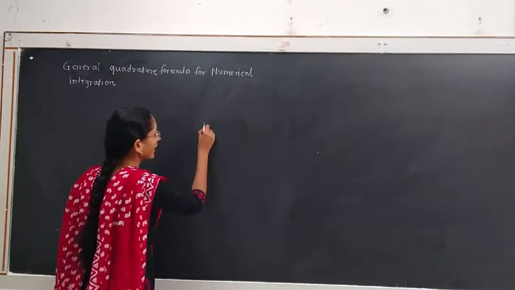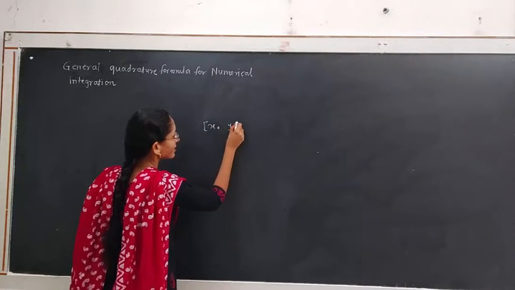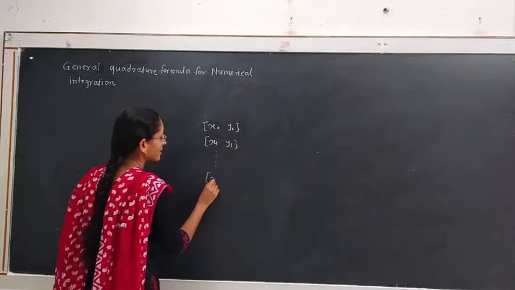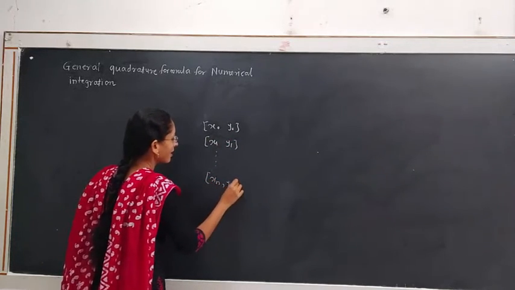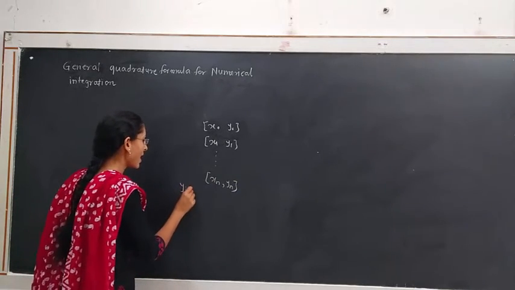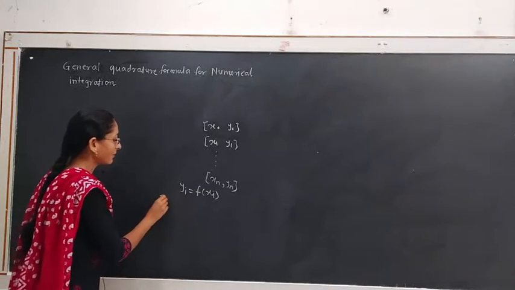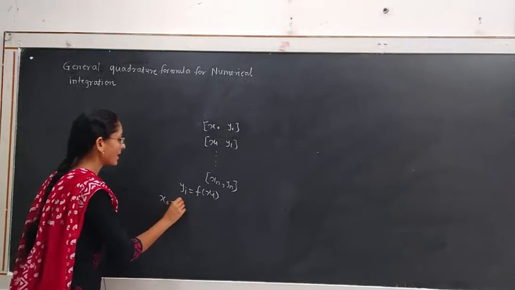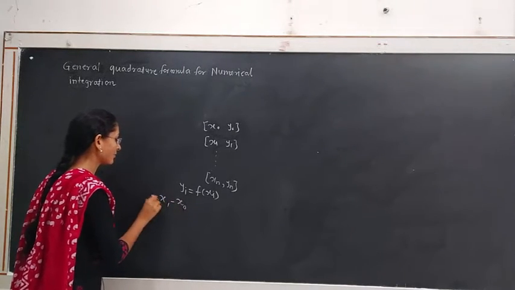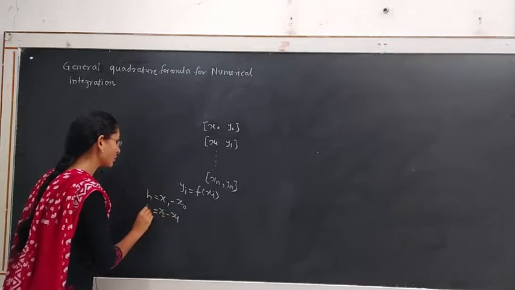As we know, if we have a set of n plus 1 values x0, y0, x1, y1, up to xn, yn, these are n plus 1 points where yi is equal to f of xi, and the difference between x0 and x1 is h. That means x1 minus x0 is equal to h. Also x2 minus x1 is equal to h.